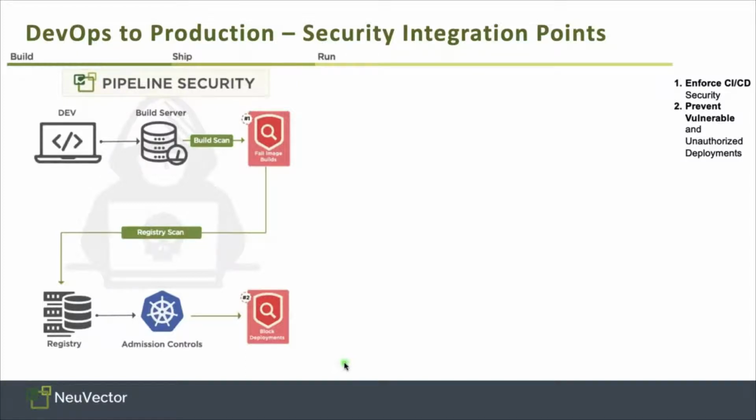The next stage would be the registry scanning phase. And so once the images are put into, let's say, a staging or production registry, as I mentioned, new vulnerabilities can be discovered. So those images should be continually scanned with new vulnerability info, as well as new images are going to be put in that registry all the time.